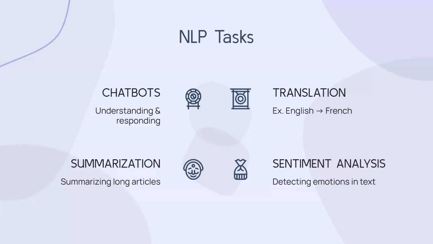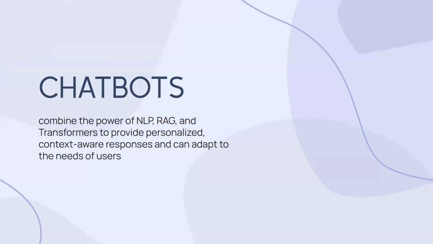So now that we have a basic idea of all of these concepts, let's redefine our definition of chatbot. We previously said that AI chatbots are just a system to communicate with users, but now we know that it uses the power of NLP, RAG, and transformer models behind the scenes to make that experience for the user more accurate, more conceptually accurate, and adapting to the user's needs.